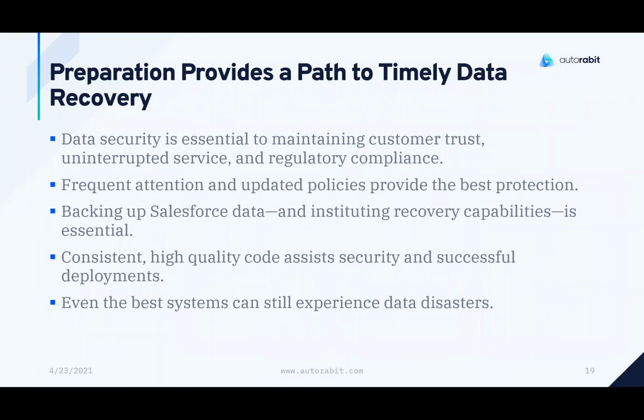And this is something that we have already seen, but what should be the takeaway from this particular presentation here, right? So the takeaway is the fact that we cannot always be 100% certain that our data is secure and that our metadata is secure. That's probably not going to happen.